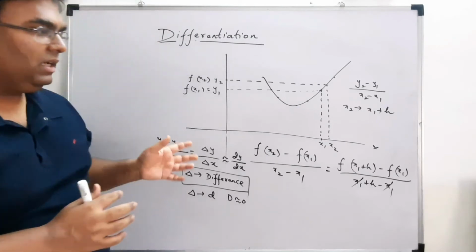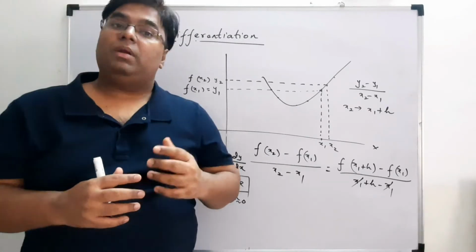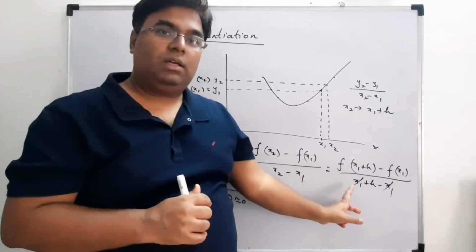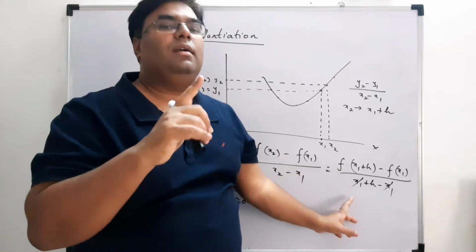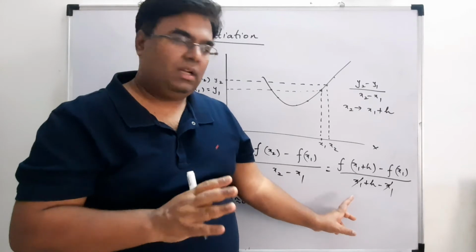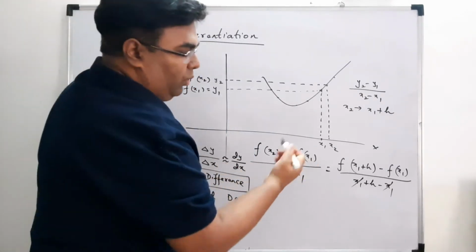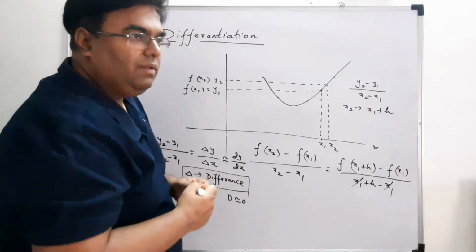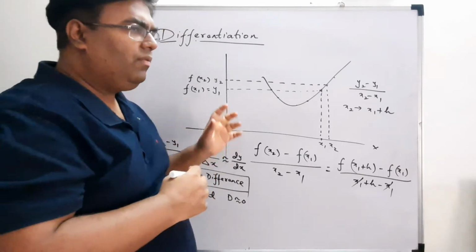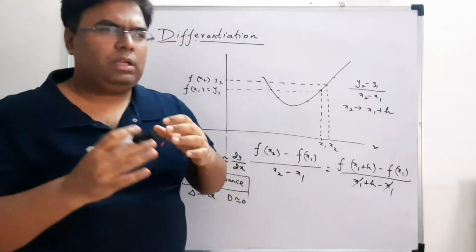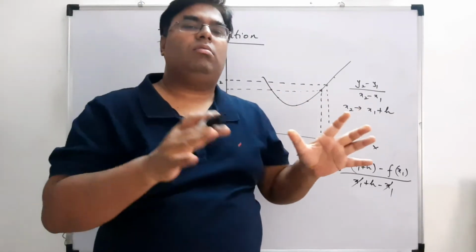If you go to my differentiability video, you will find out that this formula is basically the right hand differentiability or derivative. This is RHD. Then the question will come, why not LHD? We have already proved, for continuous and differentiable functions, that RHD is equal to LHD.